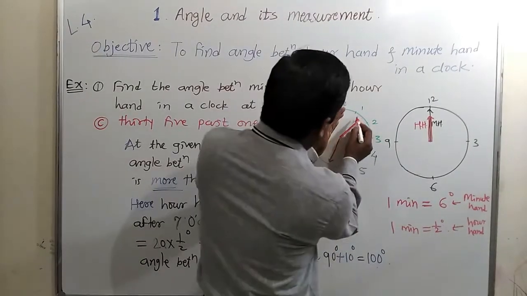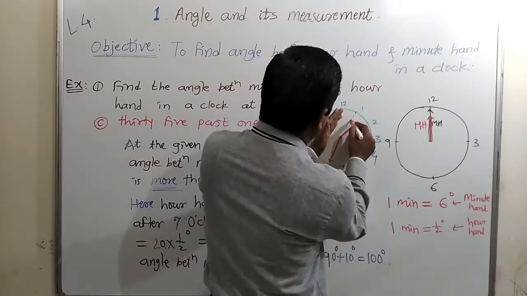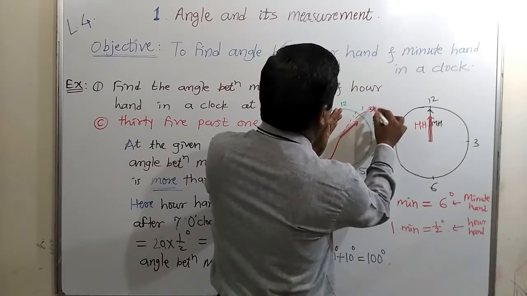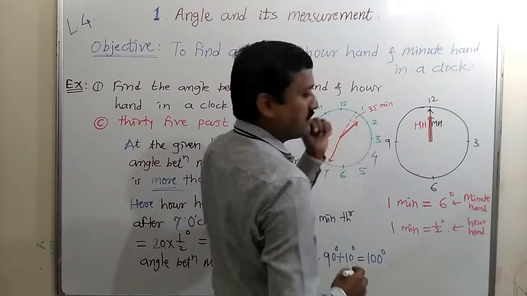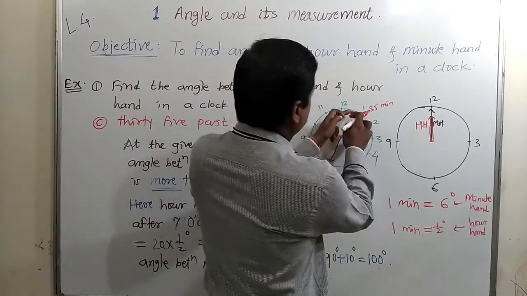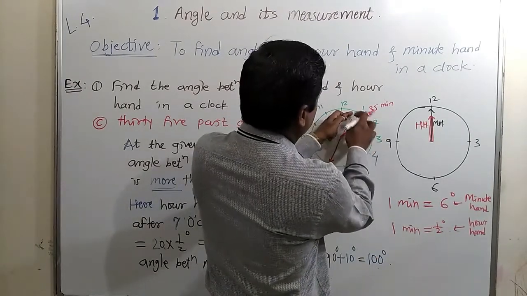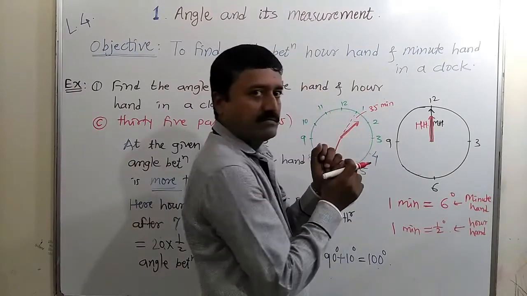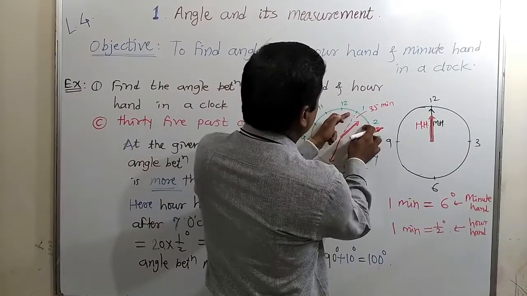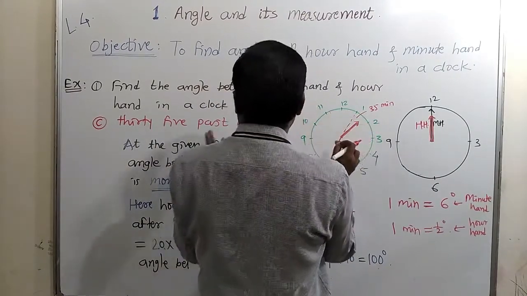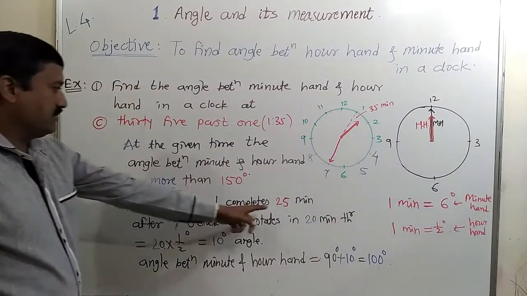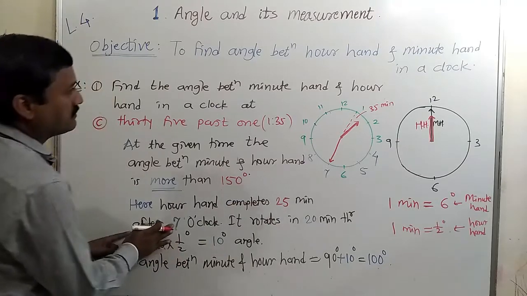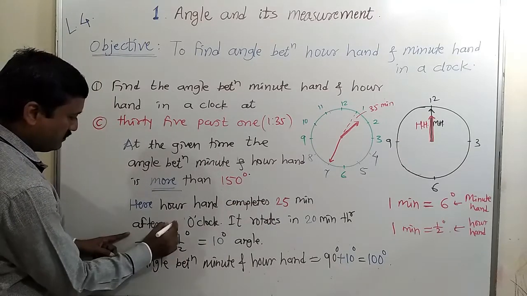Because it already covered 35 minutes. Here it covered 35 minutes, so remain only 25, because in 1 hour it will cover 60 minutes. So 35 minutes are already covered, remains only 25.